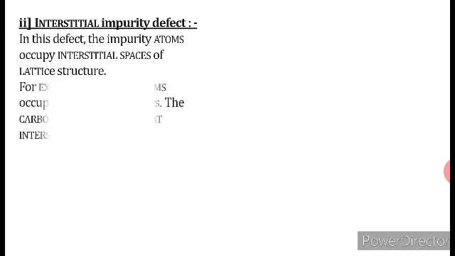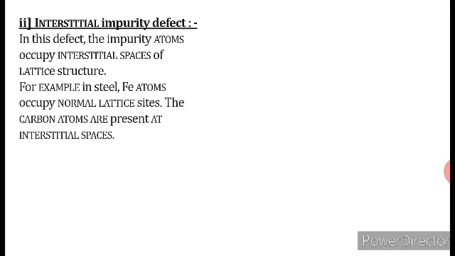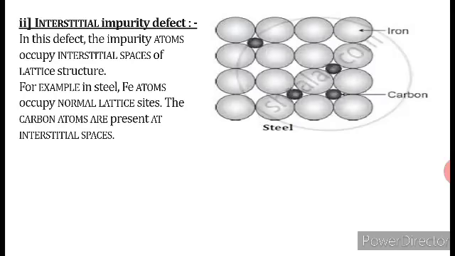It will be more clear with the help of the diagram. You can see over here, iron atoms are shown by gray bubbles while the carbon atoms are shown by black bubbles. Okay, so the crystal lattice is generated by iron atoms and the interstitial voids are occupied by carbon atoms, or foreign atoms, or impurity atoms.